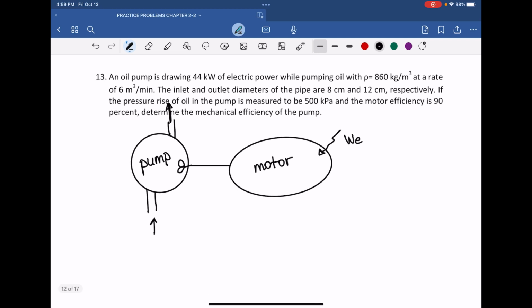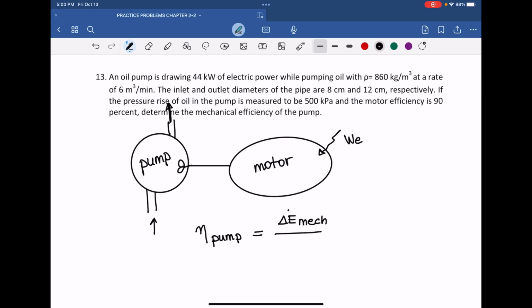when I first read it, I would write what they're asking for. So they're asking for the pump efficiency, right? Output over input. So output here is the mechanical energy change, or the rate of mechanical energy change.